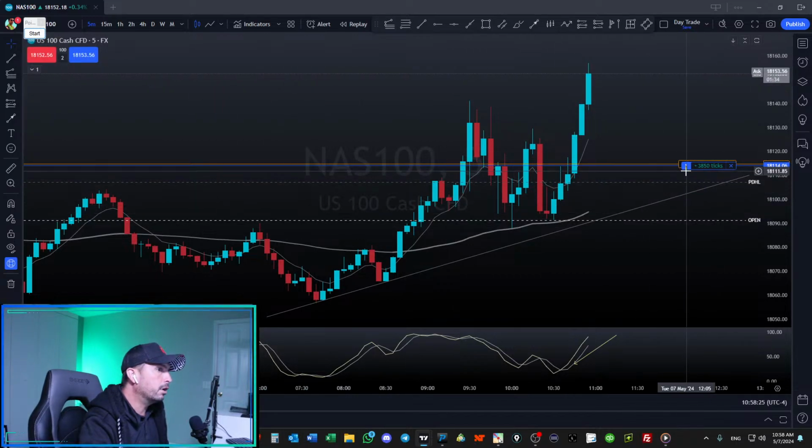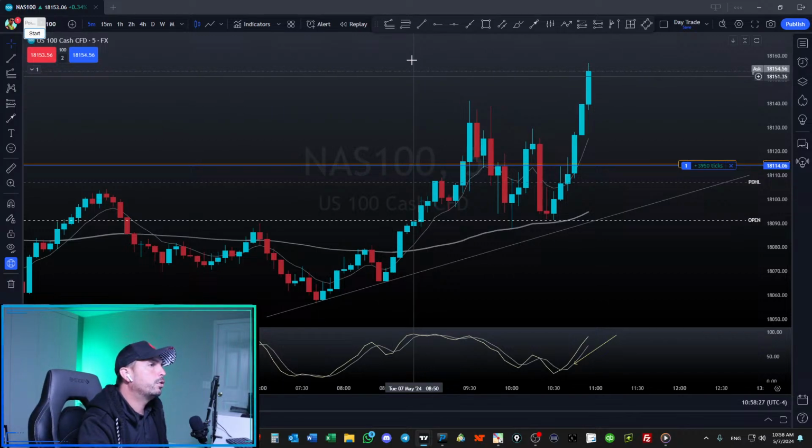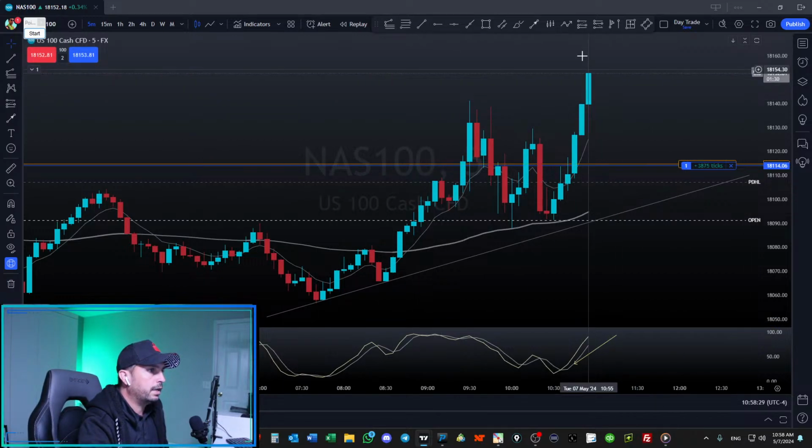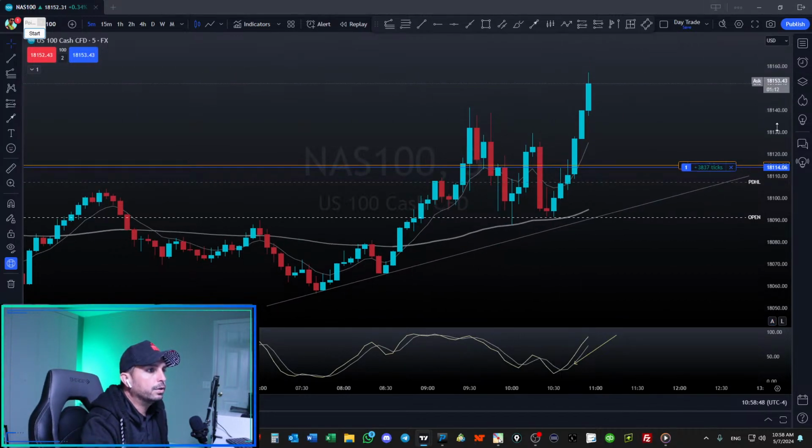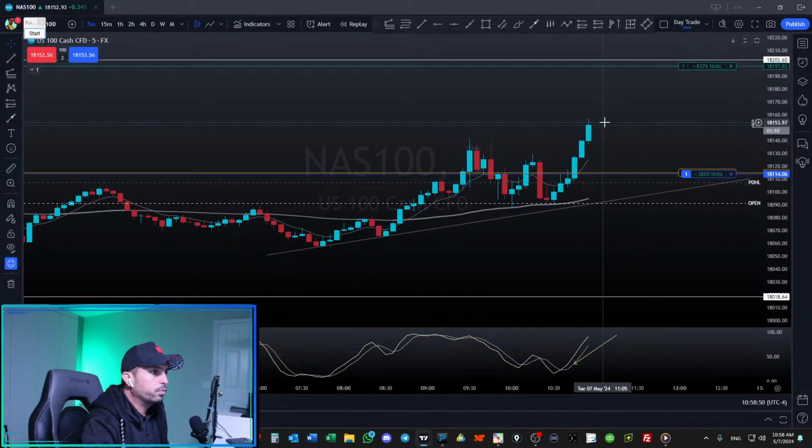I only have 1 left, which will be the same as taking the target. I just feel like it could be a pullback, and I like to pick up targets, profits as I move on. So last, we're going to leave it there.